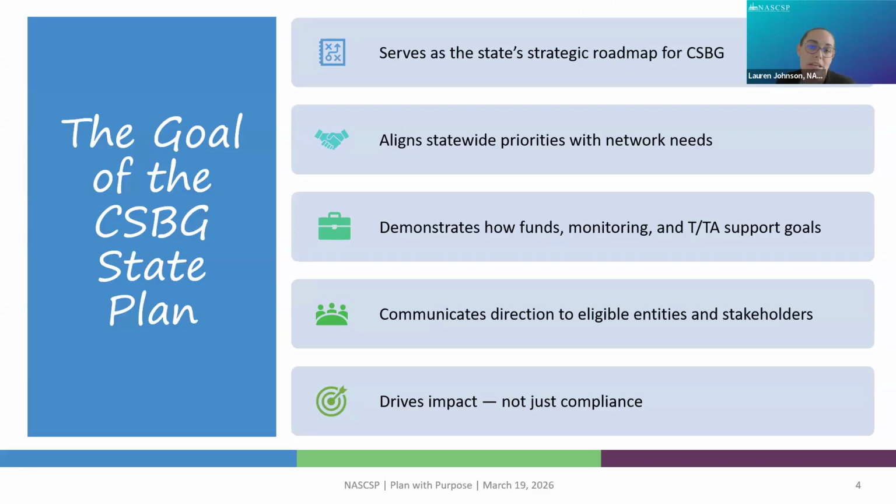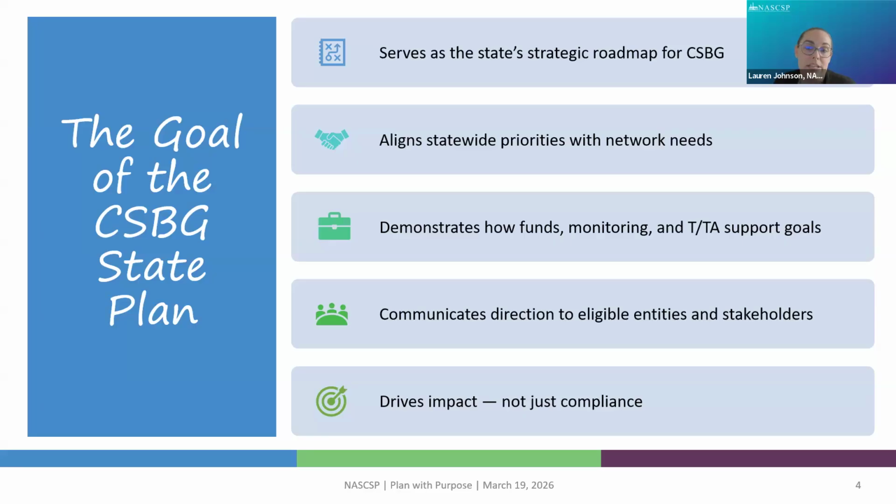It reflects the statewide needs identified through the CNAs and performance data that you get from your agencies. It aligns monitoring, technical assistance, and funding decisions with those priorities that you've identified. And it provides clarity to eligible entities about expectations and the direction the state is planning to take.